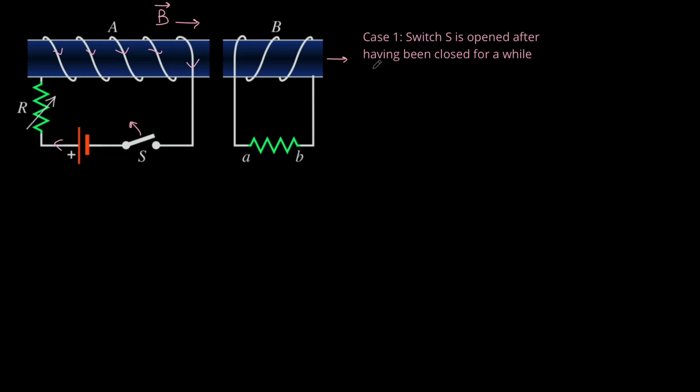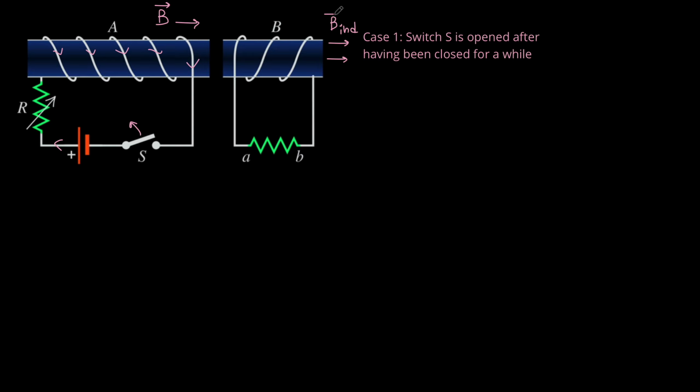The response of the coil will be to create an EMF, that's the induced EMF, to compensate for the loss of the magnetic flux. Because the magnetic flux is decreasing, the coil will create a magnetic field in the same direction to put back the loss of magnetic flux. So then the induced magnetic field will be pointing to the right. So this is the direction of B induced.